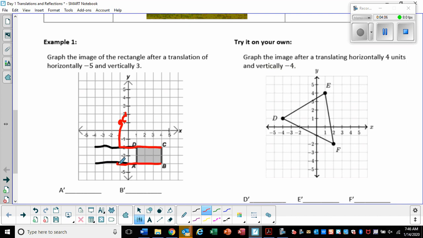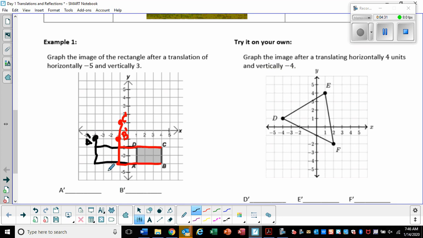Okay, do the same thing with B. So I'm going to go up 3. 1, 2, 3. Here's where B is. I'm going to write B prime. Okay. I'm going to do the same thing with D and A. I'm going to go up 3. 1, 2, 3. Here's where A is now.